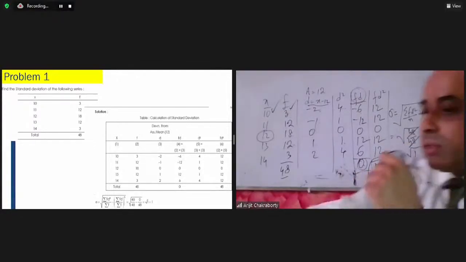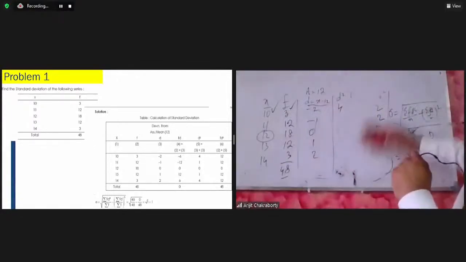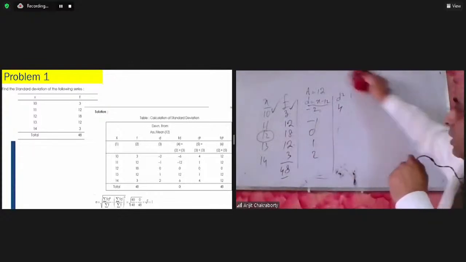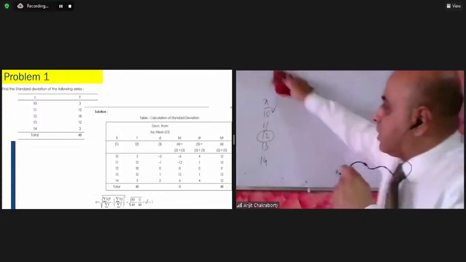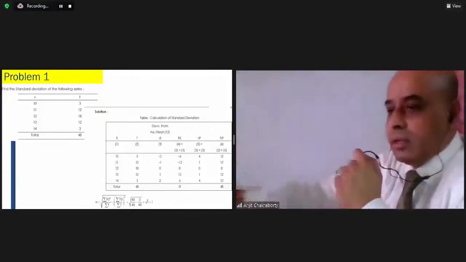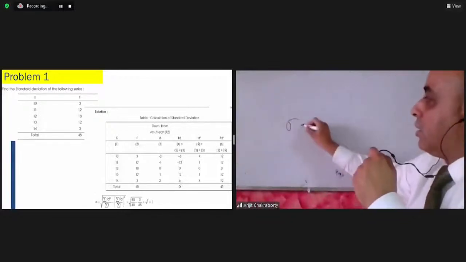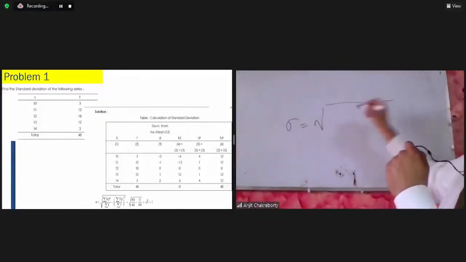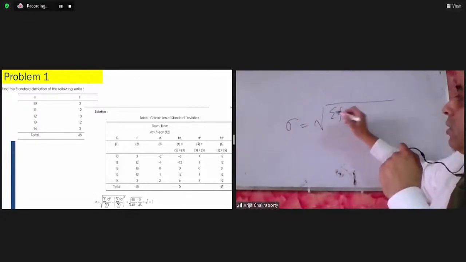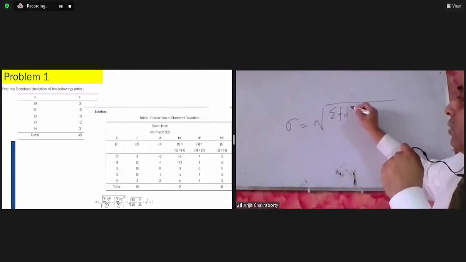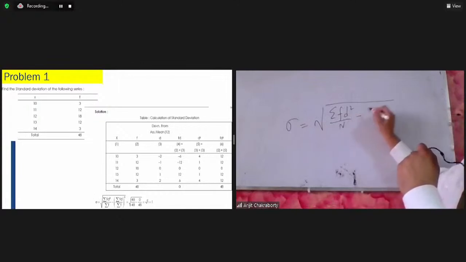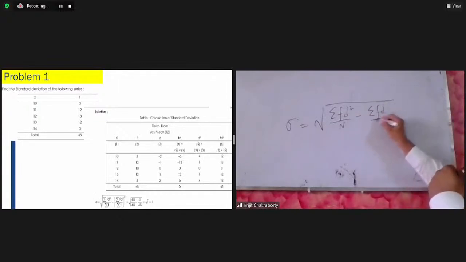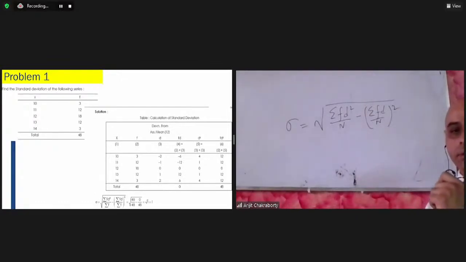So the formula which we have drawn, once again I'm writing it. Ankit, I hope you are following and you can get the clarity. So sigma is equal to the square root of summation fd square by n minus sigma fd by n whole square. Okay, so this is the formula.